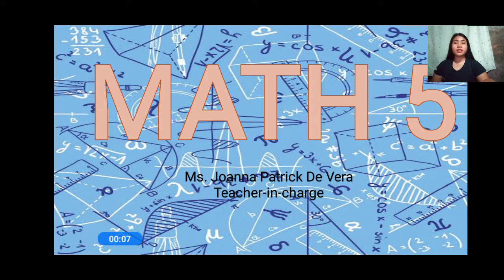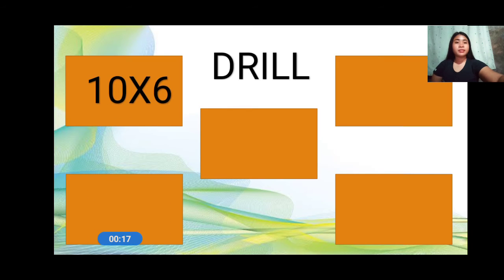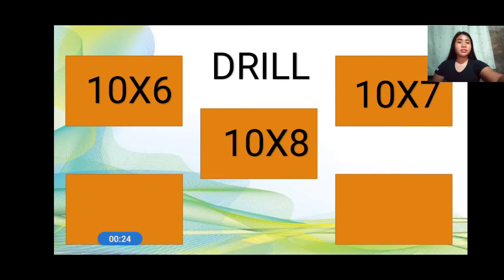Now, before we start our lesson, let us first have this drill. Are you ready? Okay, very good. So, everyone, 10 times 6, 10 times 7, 10 times 8, 10 times 9, 10 times 10.